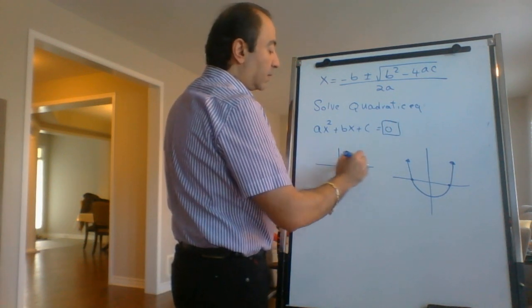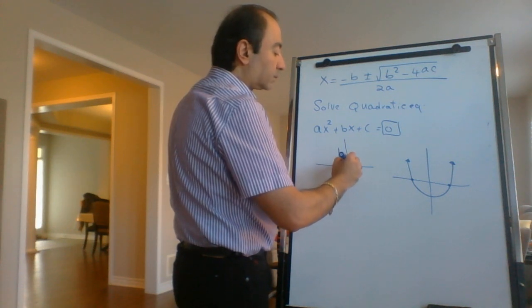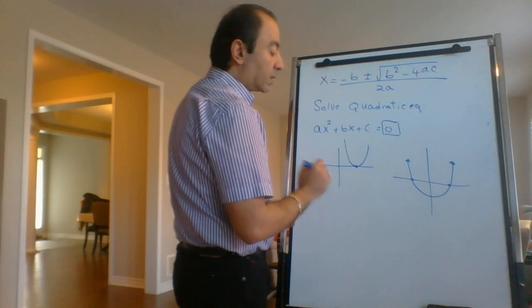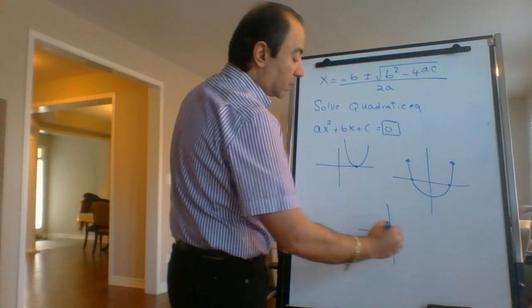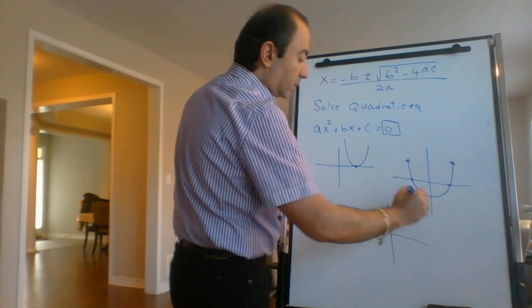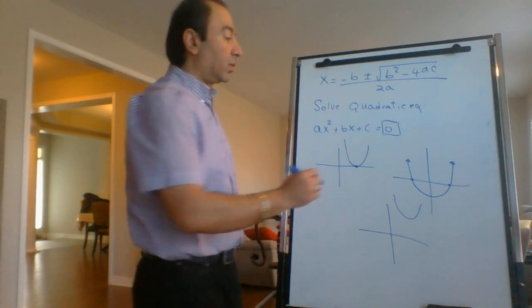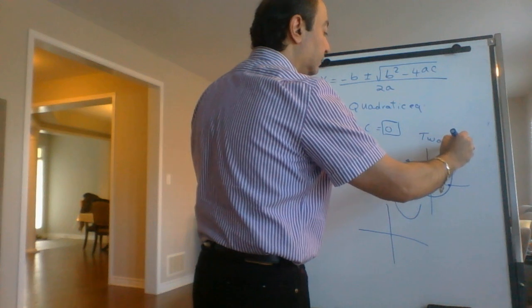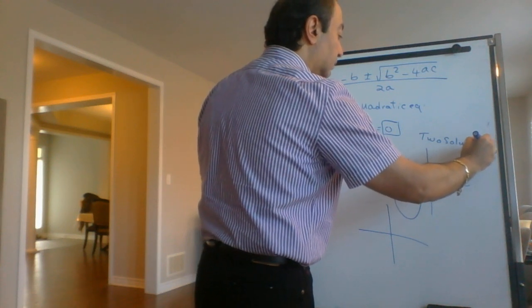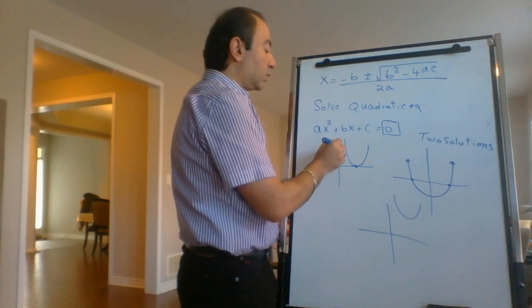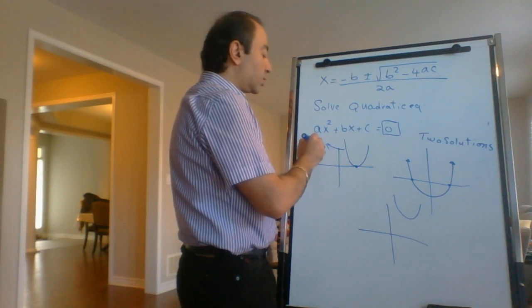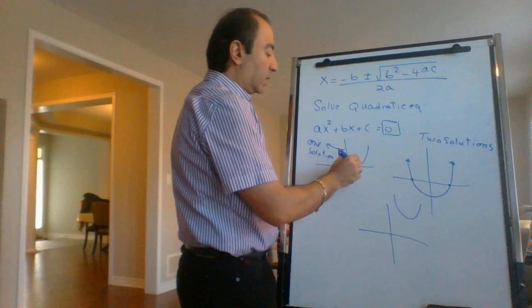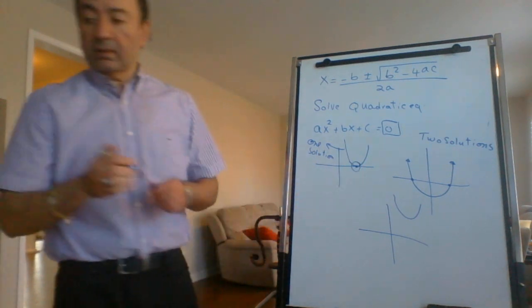And there are 3 cases about this. Case number 1, when we have 2 x-intercepts or 2 solutions. Case number 2, when we have 1 solution, because we have only 1 x-intercept.